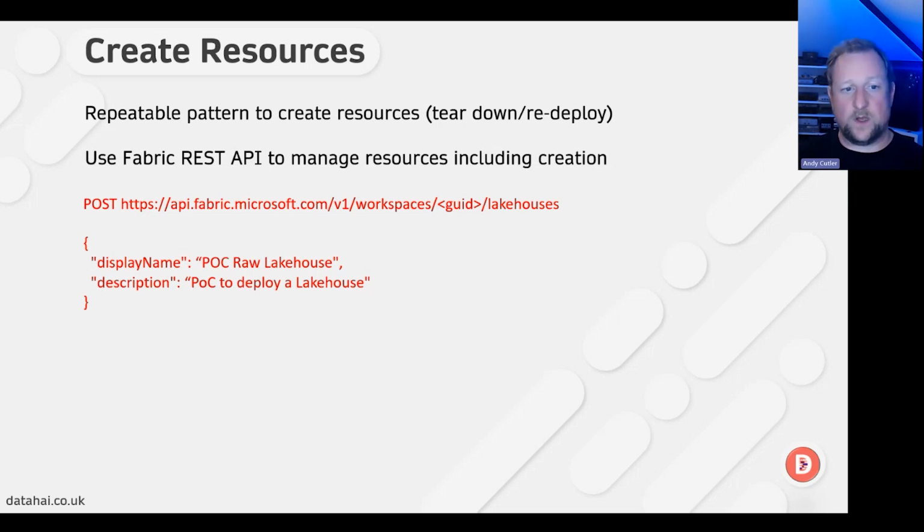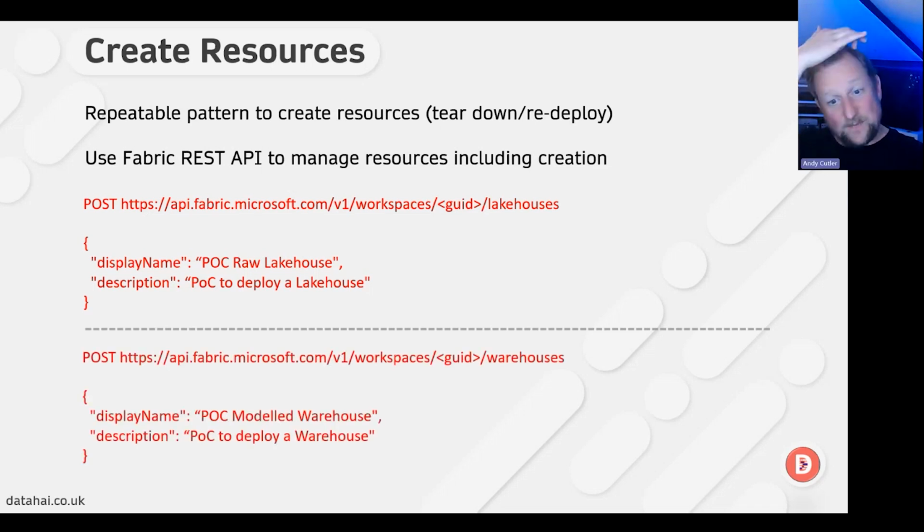So instead of me having to go into the GUI and say next, click, next, lake house, give it a name, I can just build this into a repeatable process. And the same with the warehouse. I can create these items using the REST API.